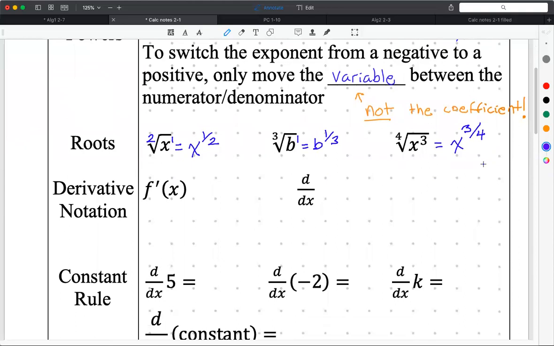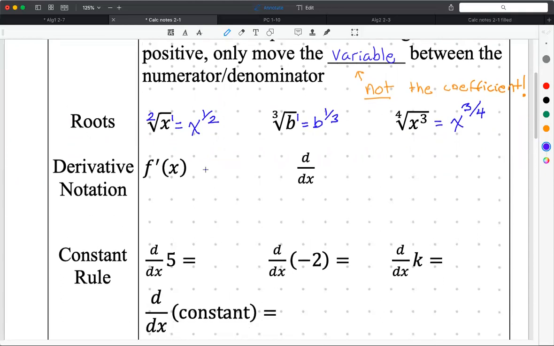All right, so these are the 2 different ways of writing derivatives. I'm not going to spend too much time because you have seen this a ton. This f prime of x, you know that this is called f prime of x, but let's write it in our notes too. This is f prime, not Amazon Prime, but f prime of x. That is how we read it.